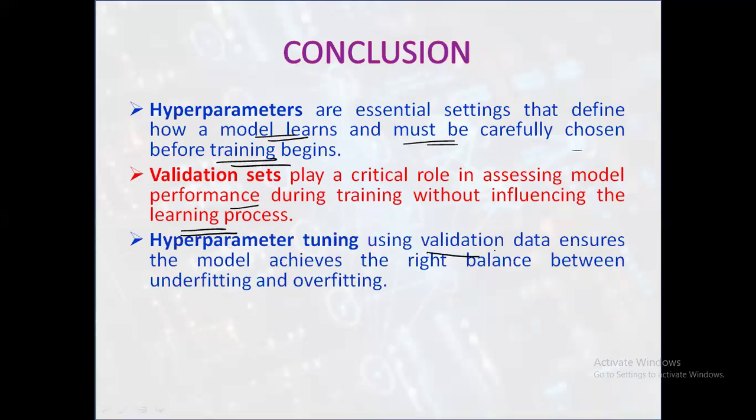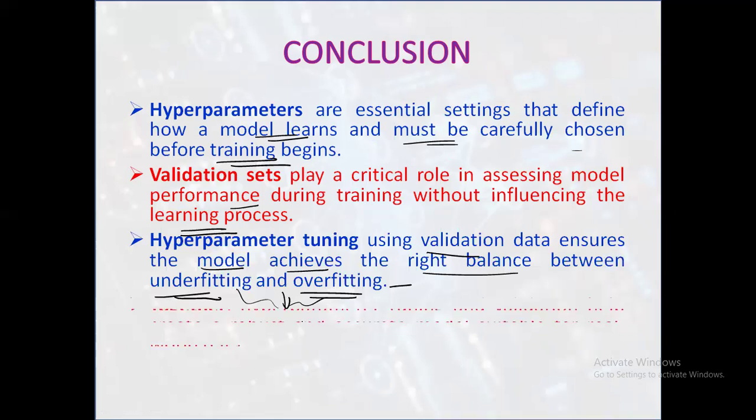And hyperparameter tuning using validation data ensures the model achieves the right balance between underfitting and overfitting, both of which are unwanted. So we have to use moderate values. If the learning rate is too low, it will go into underfitting, otherwise it will go into overfitting. So both are not wanted, so we have to moderately tune the settings.